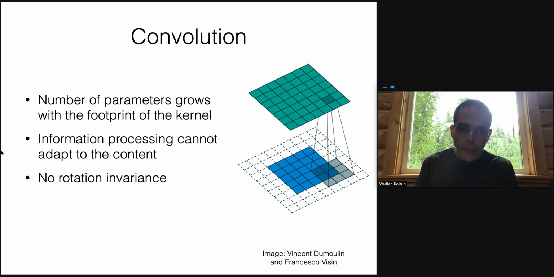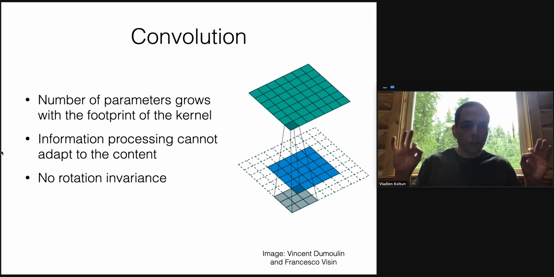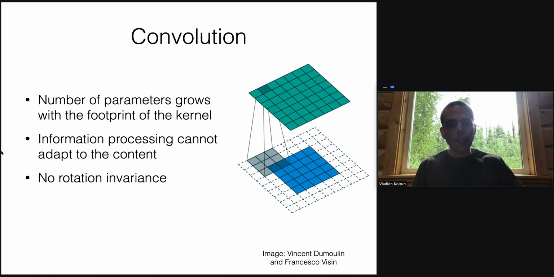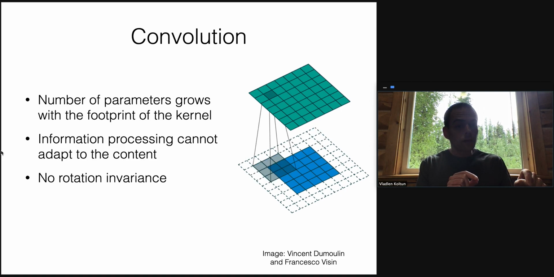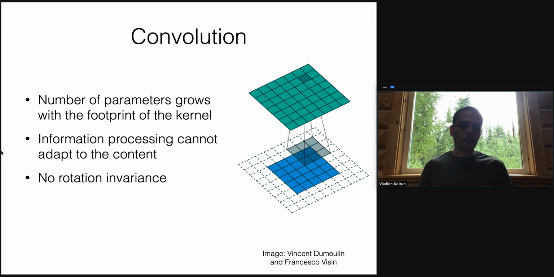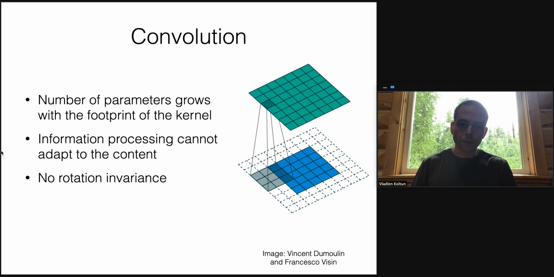Exactly the same weights are applied regardless of the content of the images. No matter what the image contains, the convolution will do exactly the same thing. It will take information from neighboring pixels in exactly the same way.